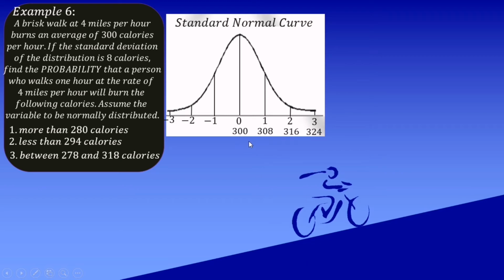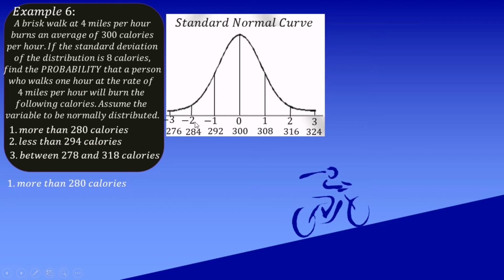Add by 8, that is above the mean, and below the mean bawasan lang natin ng 8 calories. Since we are asking for more than 280 calories, let's find the probability for this problem.